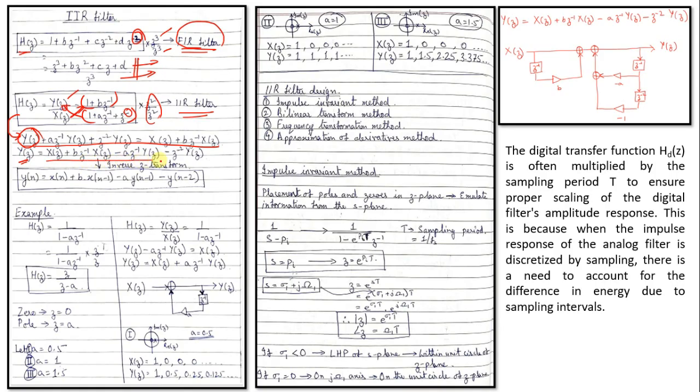Now if you look over here, we are having X(z) multiplied by z inverse component, Y(z) into z to the power minus 1 component, and Y(z) into z to the power minus 2 component. So what does this imply to us?